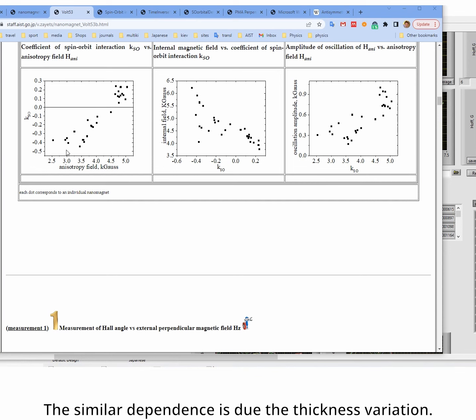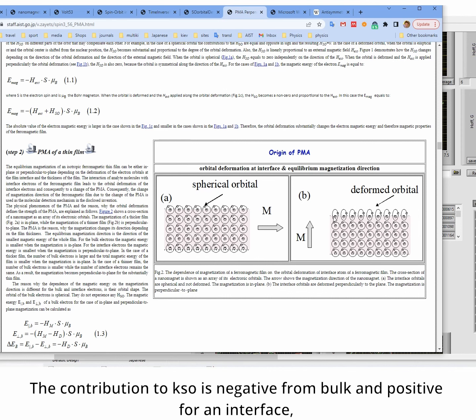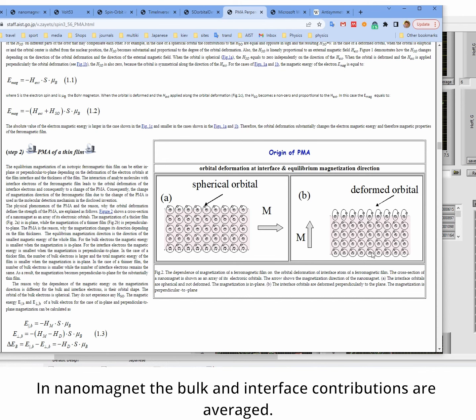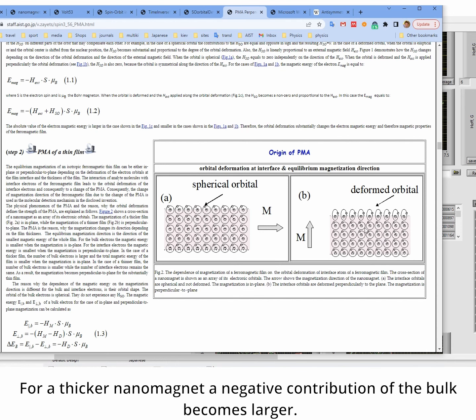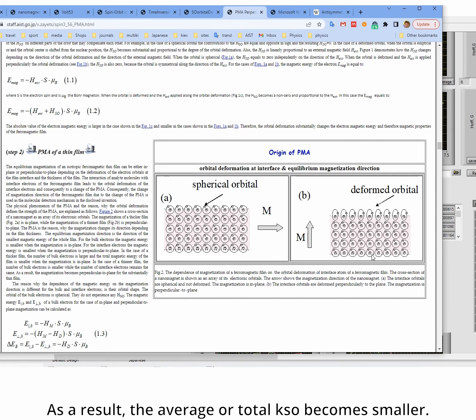A similar dependence is due to a thickness variation. The contribution to coefficient of spin-orbit interaction is negative from bulk and positive from interface. In nanomagnets, the bulk and interface contributions are averaged. For a thick nanomagnet, a negative contribution of bulk becomes larger. As a result, the average or total coefficient of spin-orbit interaction becomes smaller.